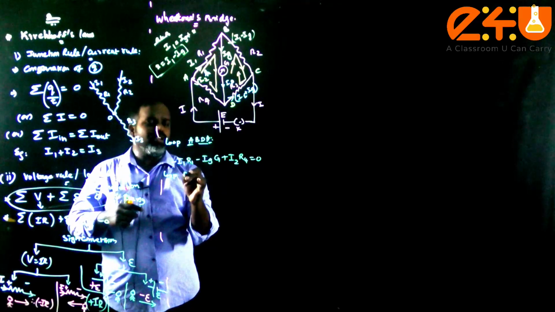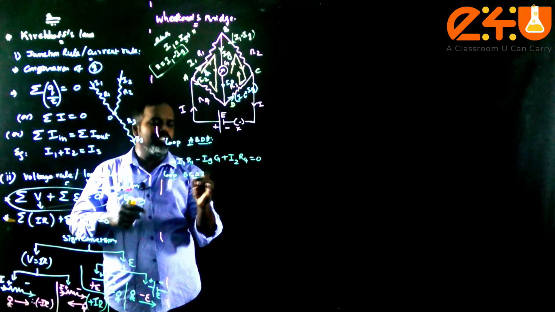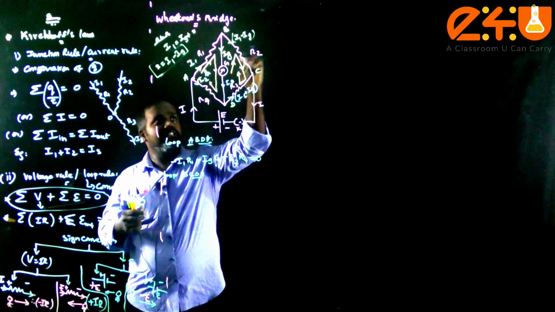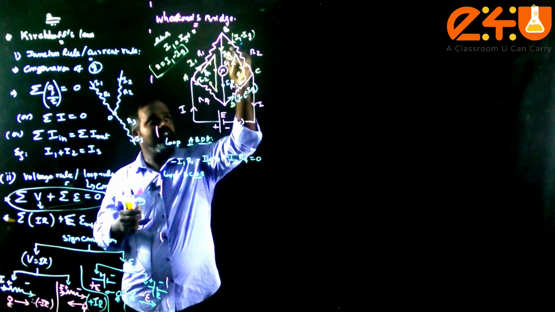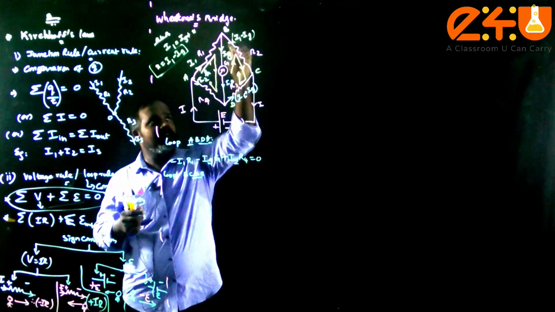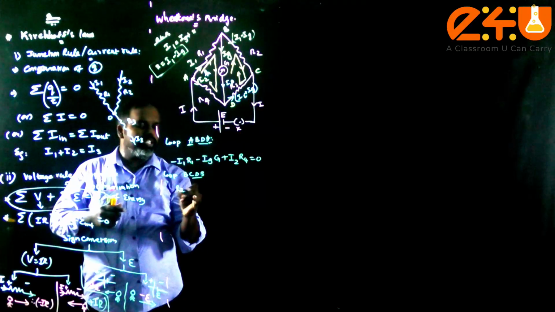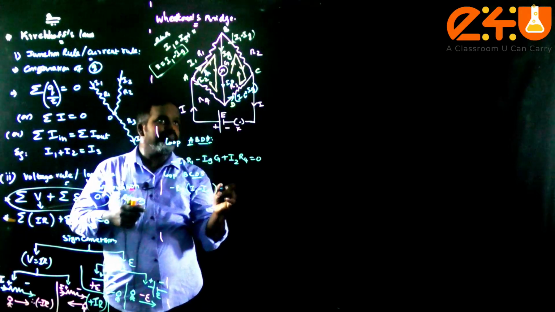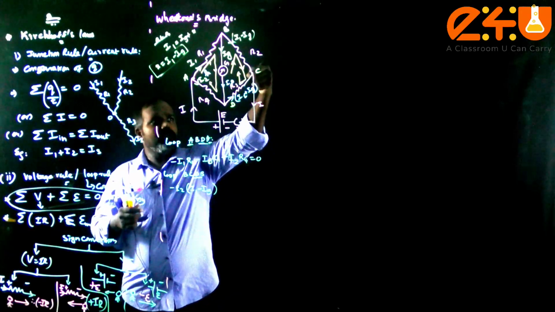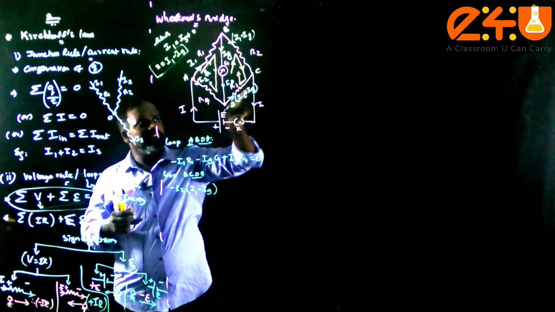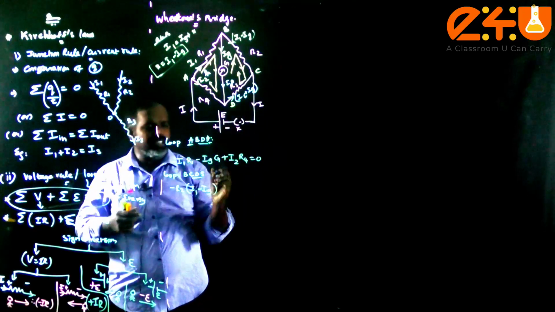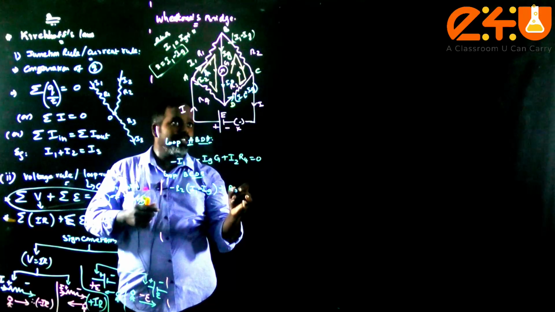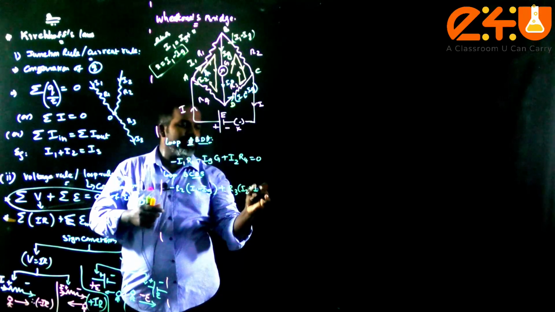Similarly, for the loop B, C, D, B, you just write the equation. Again, along this branch you are going along the current direction. Therefore, I can write minus R2 into (I1 minus Ig). But here you are going downward while the current is going opposite to that, therefore a positive sign: R3 into (I2 plus Ig).